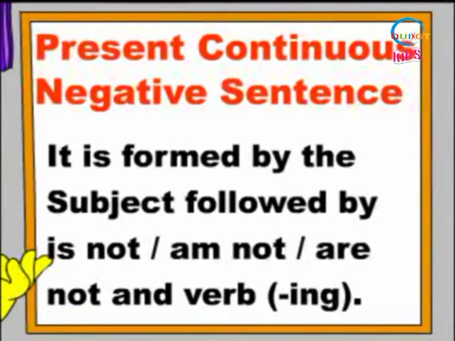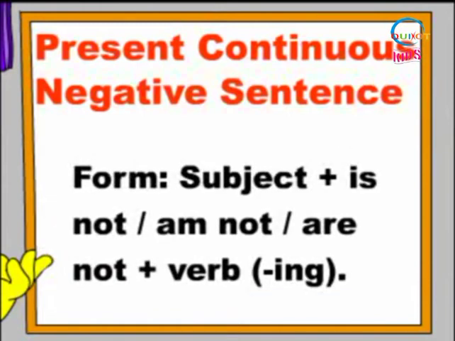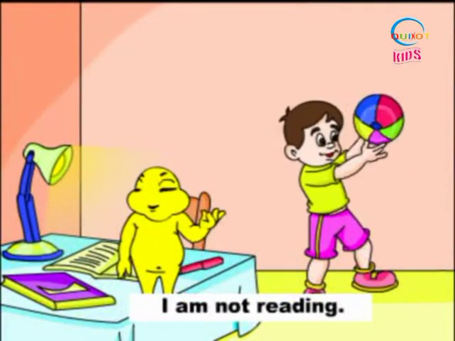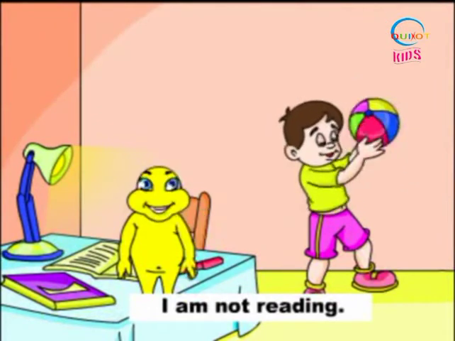Present continuous negative sentence. It is formed by the subject followed by is not, am not, are not and the verb ing. Form: subject plus is not, am not, are not plus verb using ing form. Examples: I am not reading.